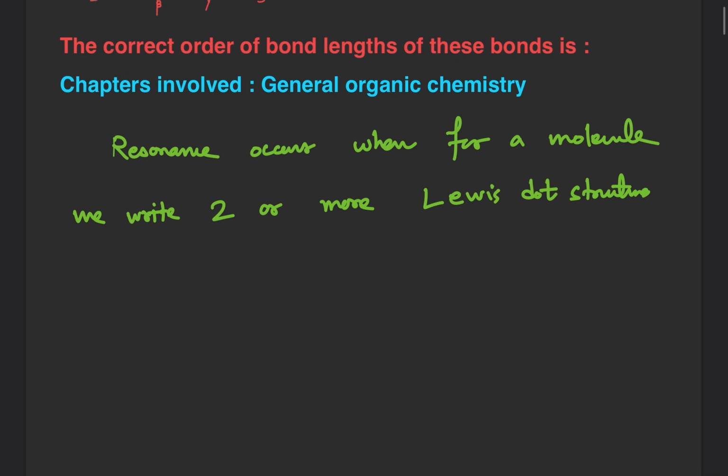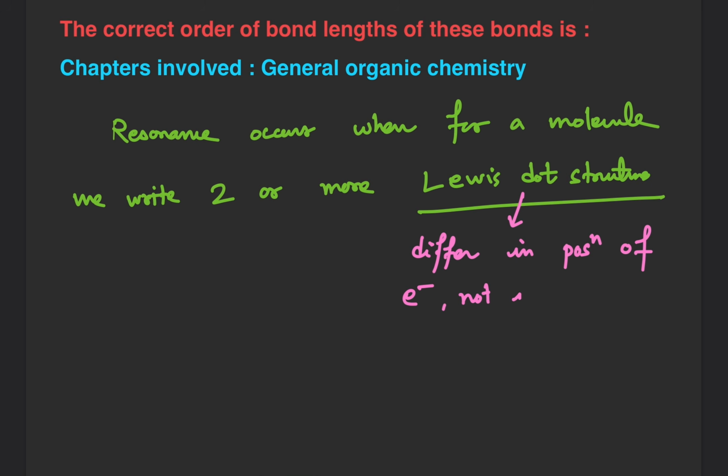Those Lewis dot structures should differ in position of electrons but not in the relative position of atoms. Okay, very important. So they should differ in position of electrons and not in the position of atoms.